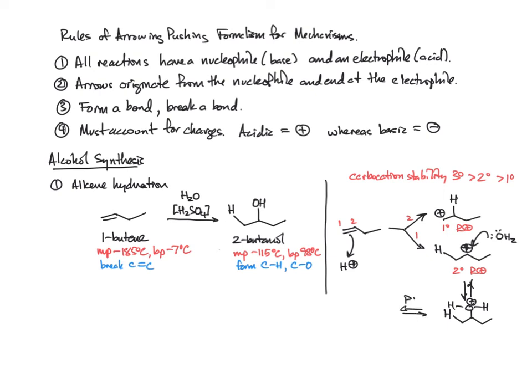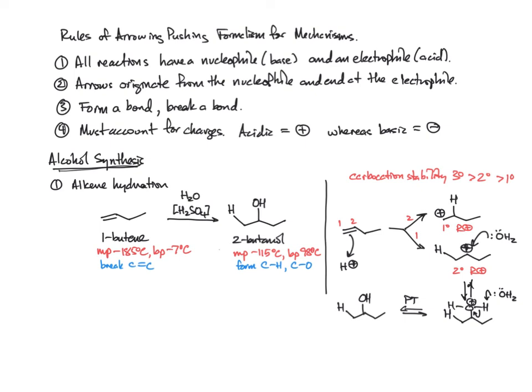I'm going to write PT for proton transfer, but simply it's just going to be another water molecule abstracting that hydrogen. And that's how we end up with our product, 2-butanol. So as you can see in this first example of alcohol synthesis, the alkene hydration, we've obeyed all of these rules in proposing this mechanism.